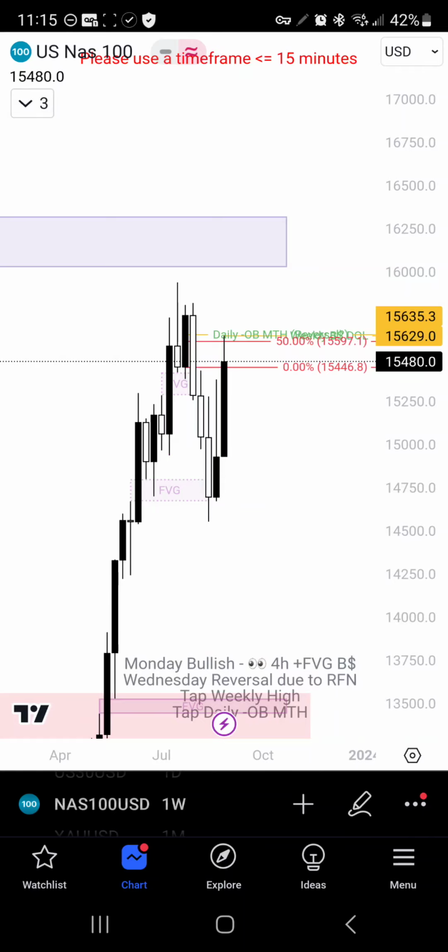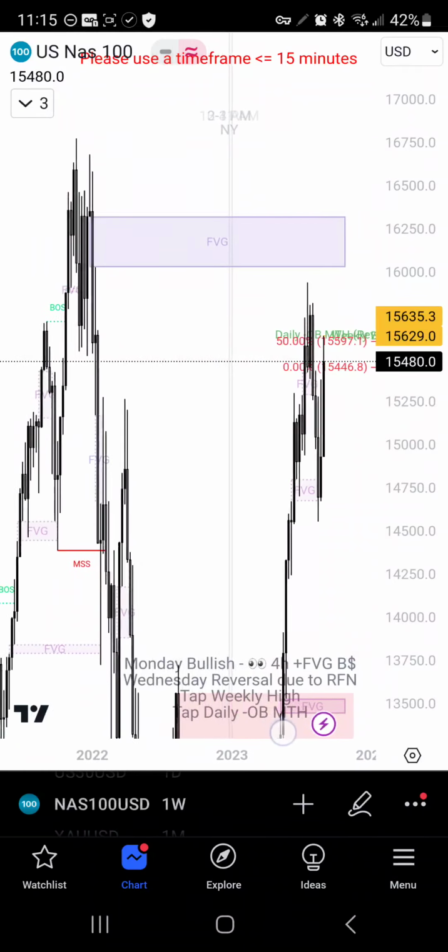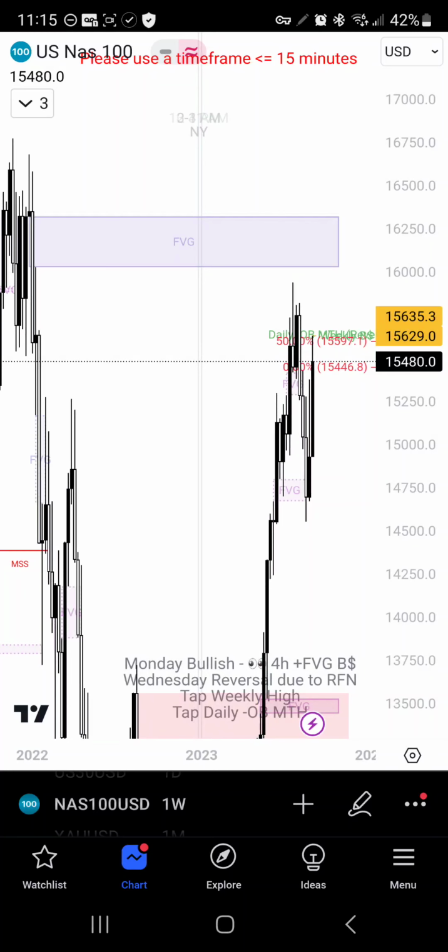Take a look at this: we've had liquidity taken, market structure shift, pullback into a premium PD array, which was that weekly order block. I'm expecting the market to go lower based on the weekly. That's the weekly profile.